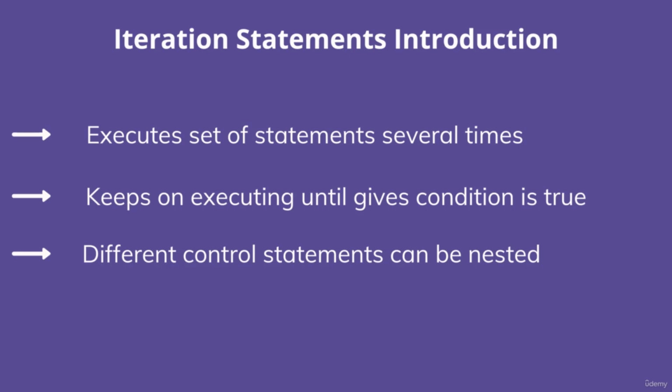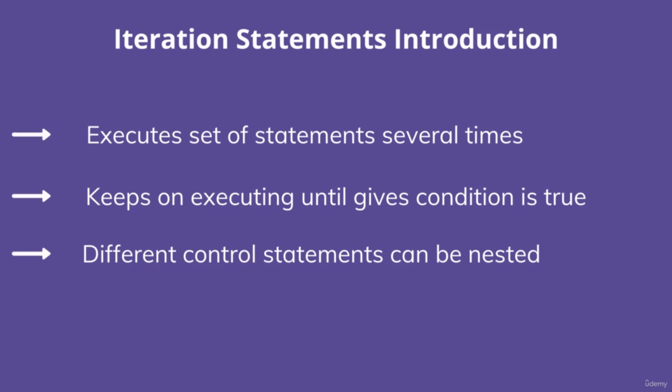Such things can be done by iteration statements, as this is a statement which allows the execution of a particular block of code multiple times or several times. Whenever you write a loop, you will have to pass a condition, so that until and unless that particular condition is true, the loop will keep on executing, and as soon as it is false, the loop will get terminated.